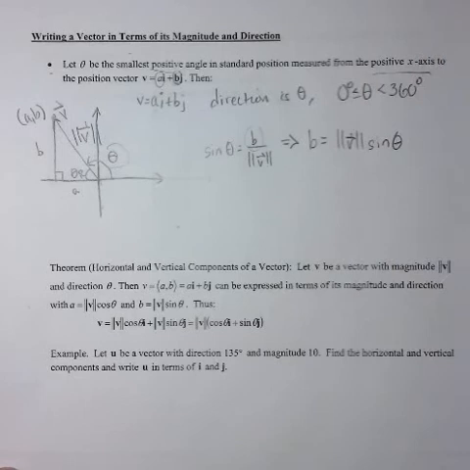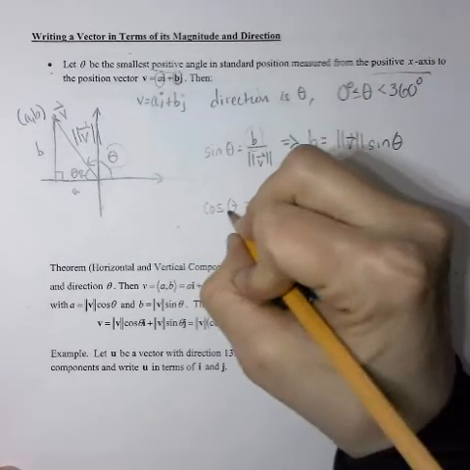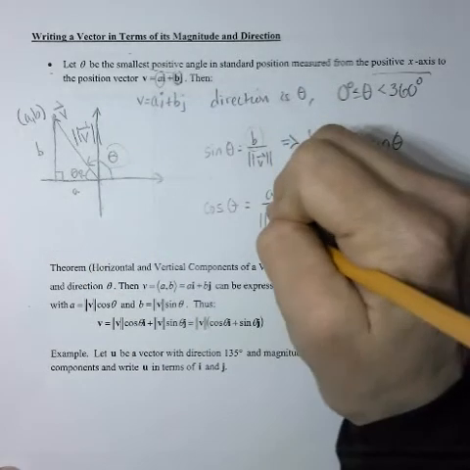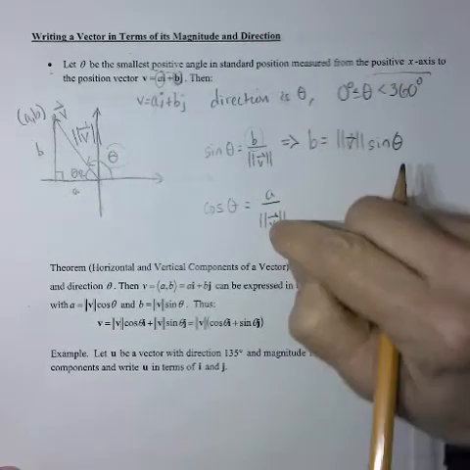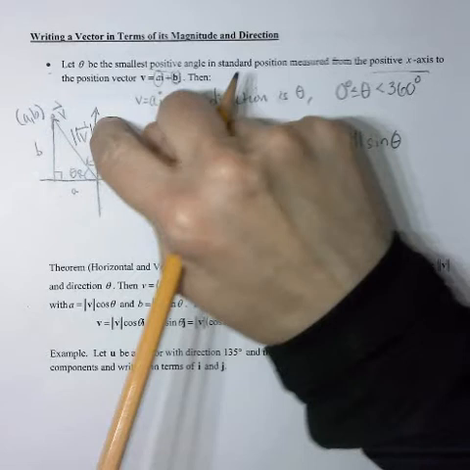direction of the vector. And then we can also show that the cosine of theta is A over v, right? So the x-coordinate of the point over r, like we called this r before, but that's the magnitude of the vector now.